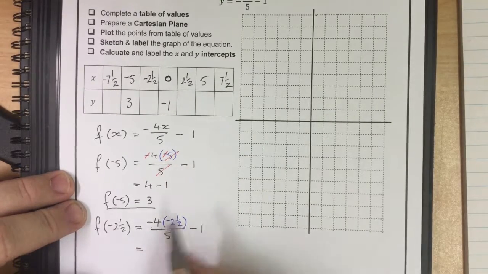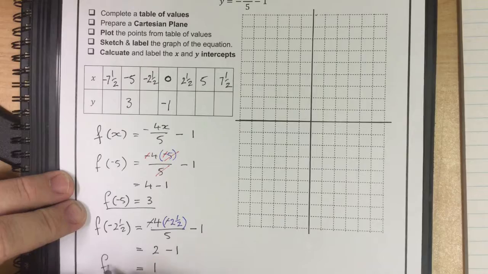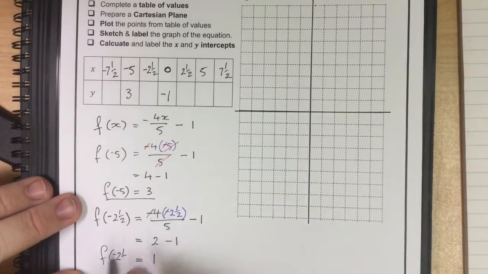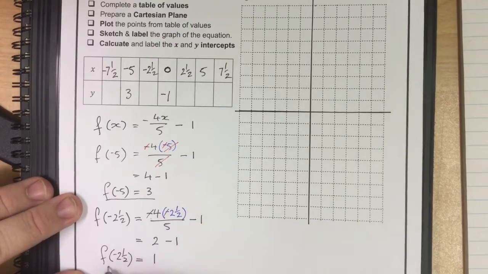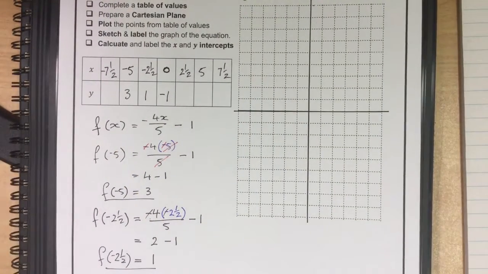So I've got -4, the negatives are going to cancel, I don't have to worry about those ones. I've got 4 times 2.5, 4 lots of 2.5 is 10, 10 divided by 5 is 2, take away 1, and here's the value that I was looking for. There's my 1. I've at least shown a bit of working there to make sure whoever's looking at this later on can see where I'm getting these ideas from.